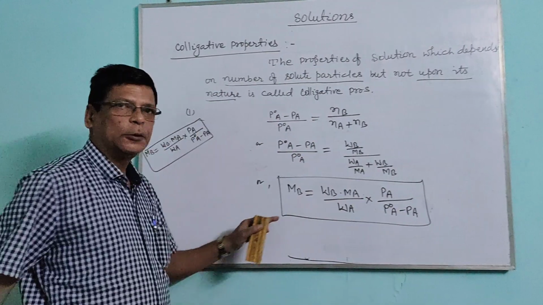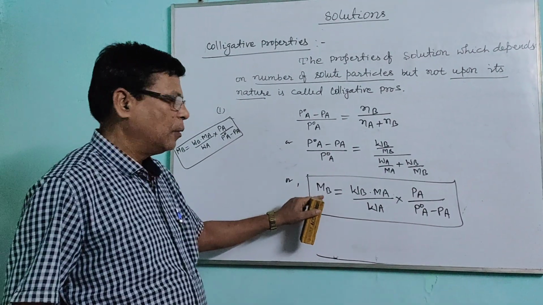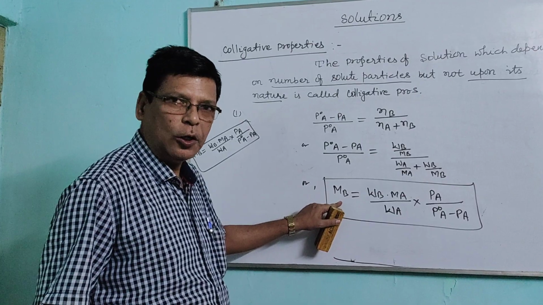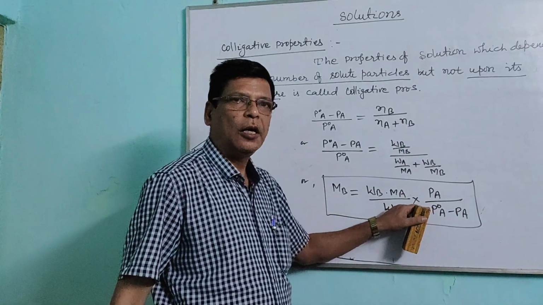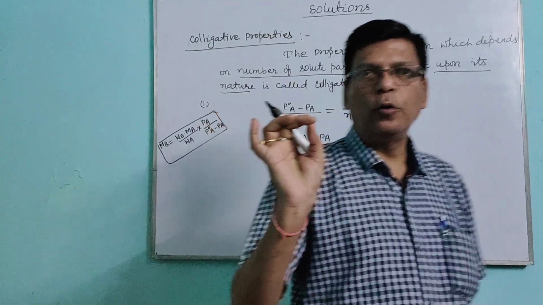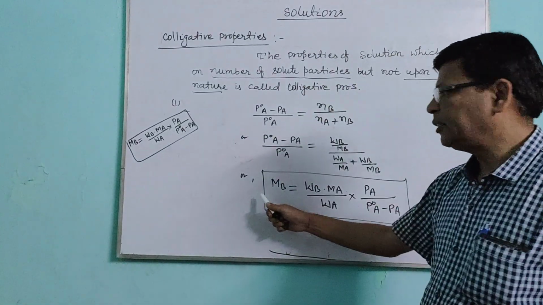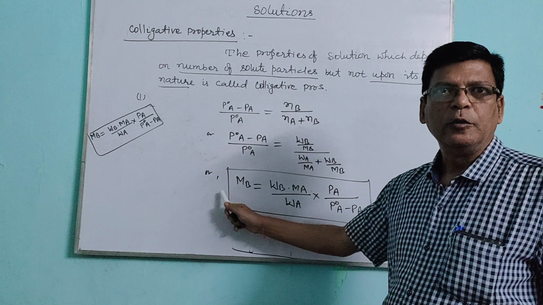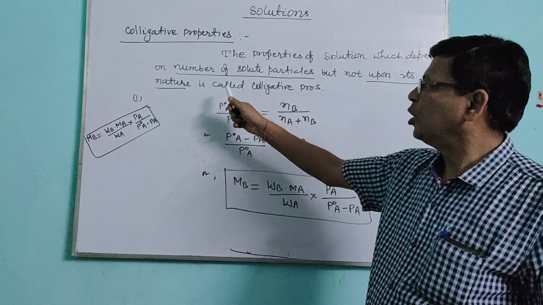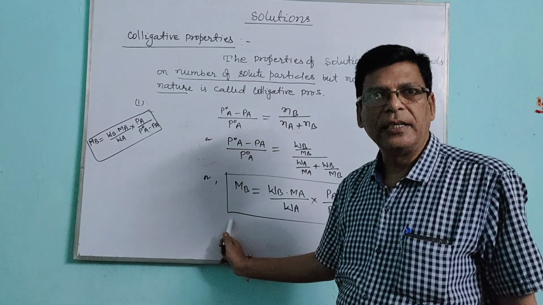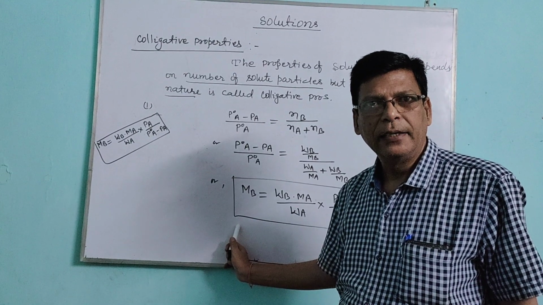This is the expression for the molar mass of solute in terms of relative lowering of vapor pressure, and this is the formula for numericals based on relative lowering of vapor pressure.